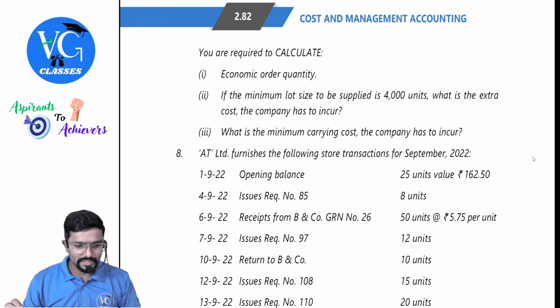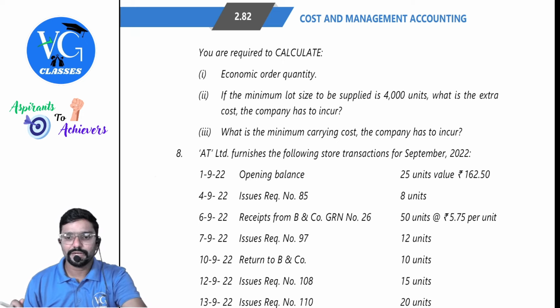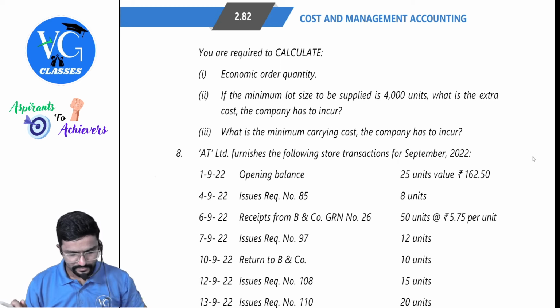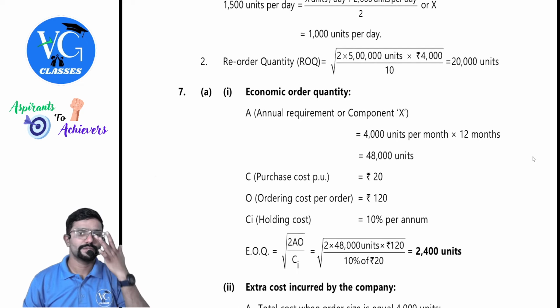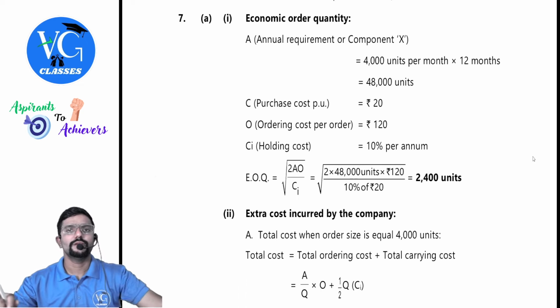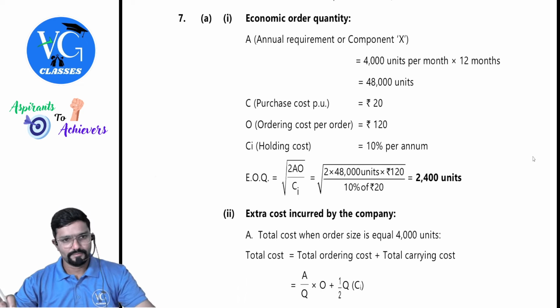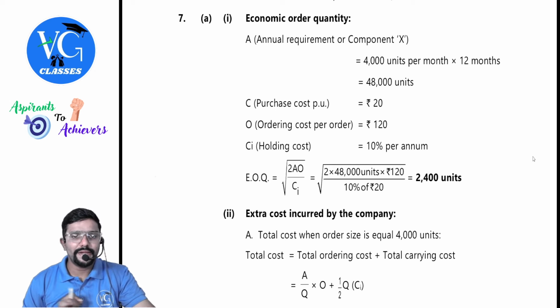Okay, question number 7, guys. Come to the solution. Economic order quantity.